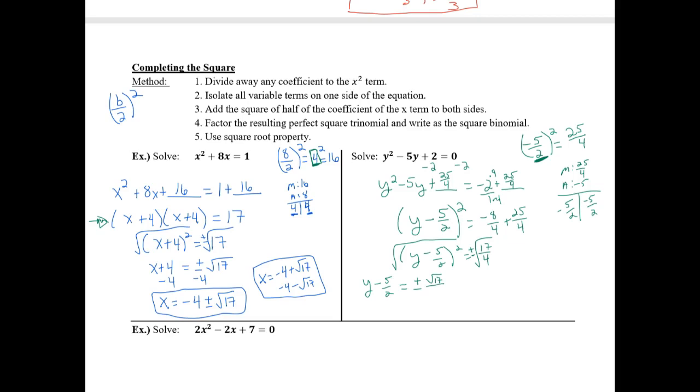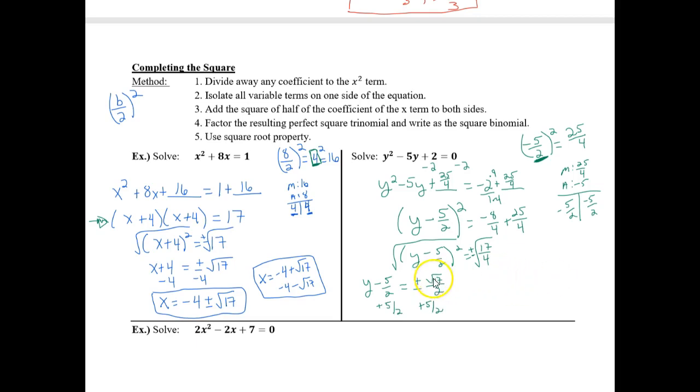So I'm going to leave the radical with the 17, can't simplify that, but the square root of 4 is 2. So splitting up this radical across the numerator and denominator. Okay? And then I need to get y alone, so I have to add 5/2 to both sides.